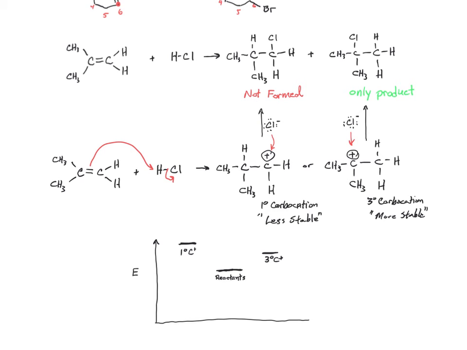The amount of energy required to follow the path on the left-hand side is much greater than for the right-hand side. In fact, we can look at the activation energies for each one of these.